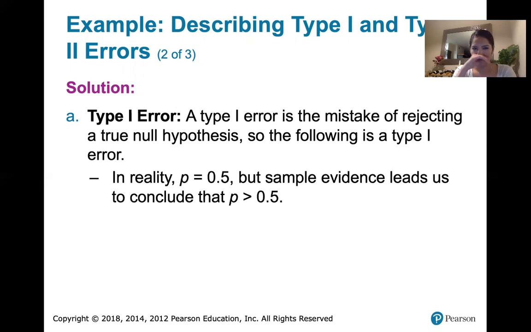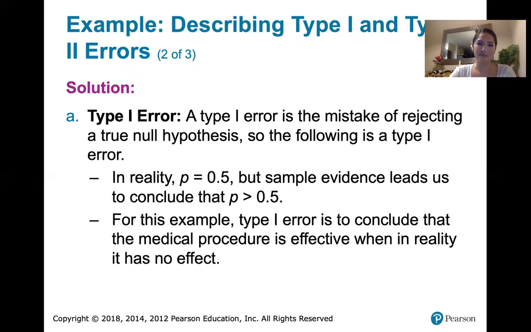So that's just what I just said. In reality, the probability of having a girl is still 0.5, but the evidence suggests that the probability of having a girl using this treatment is greater than 0.5. Now, in terms of the original claim, we would say, in reality, the probability of having a girl is still 0.5 when using this treatment.